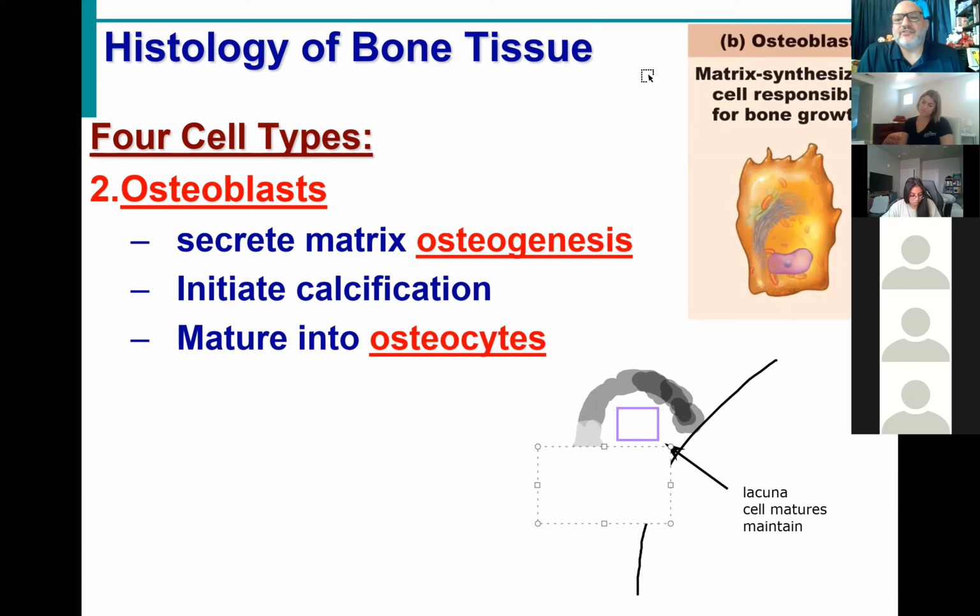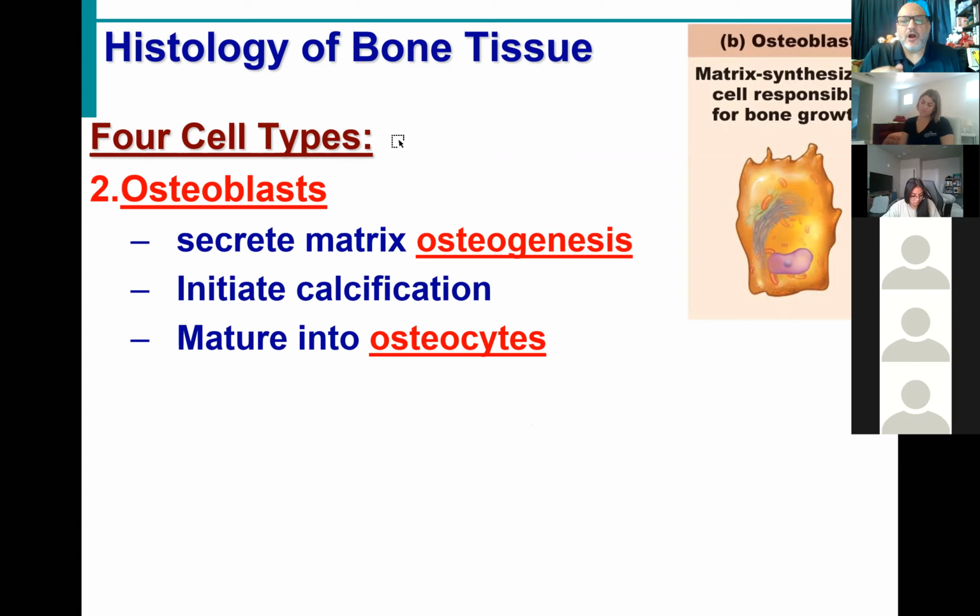Now, there is one interesting thing that happens to our osteocytes when they mature. They are locked inside of those caves. Those osteocytes live in the lacunas, and they're surrounded by matrix. That matrix is that crystalline calcium and phosphate and all of the other things that are in there as well. And yes, there's water. It is able to get some oxygen and nutrients, but it isn't necessarily going to be able to get all the oxygen and nutrients that it needs.